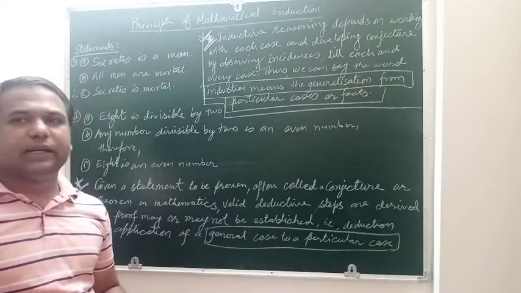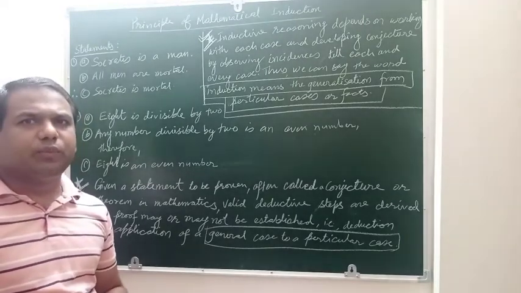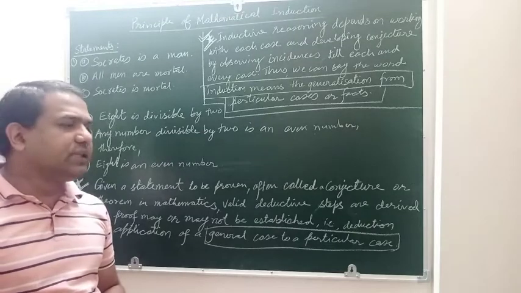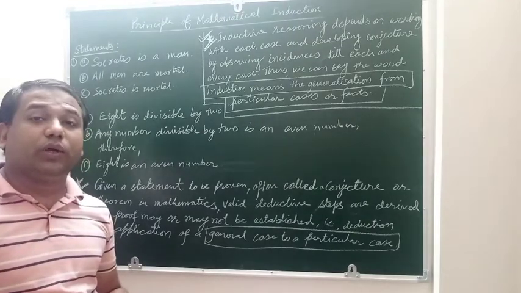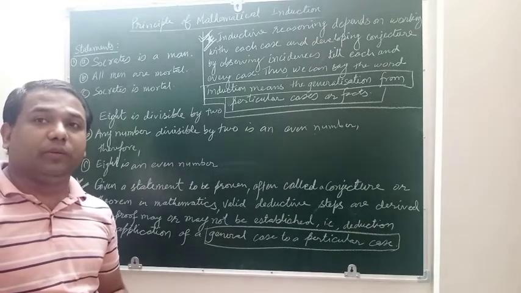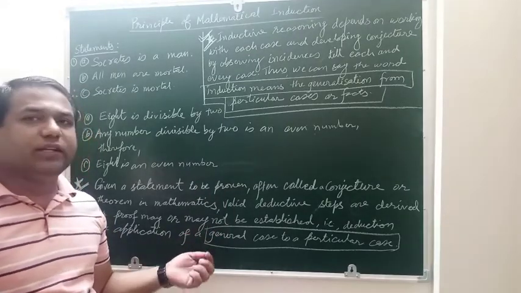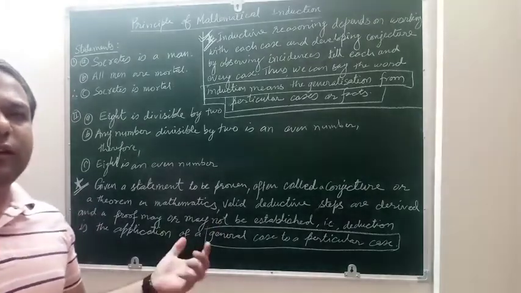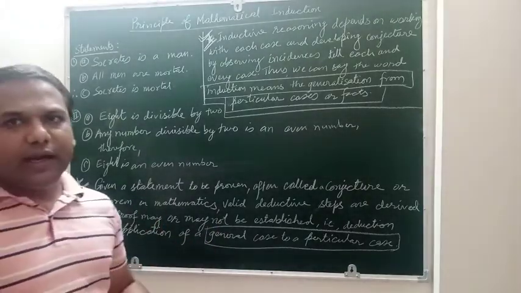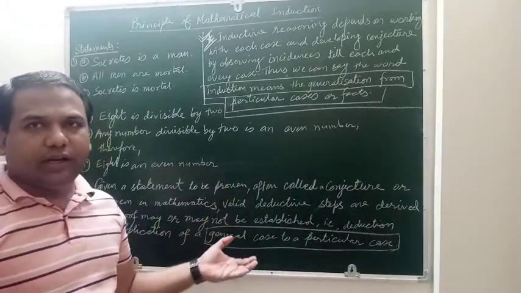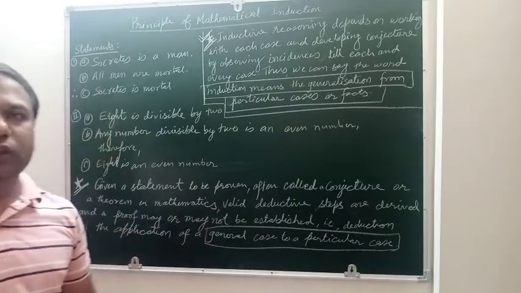Some particular cases are given to you, but in general, just like (a plus b) whole square is equal to a square plus b square plus 2ab. It is just like that. So we put the value 1 over there, then k plus 1, and we will check that. Later in this video, we will come to know how to solve the questions also.